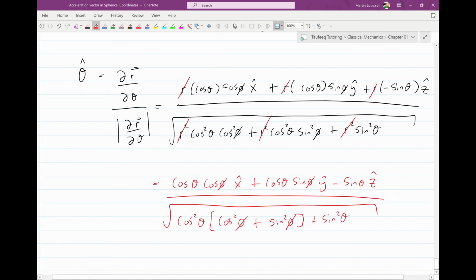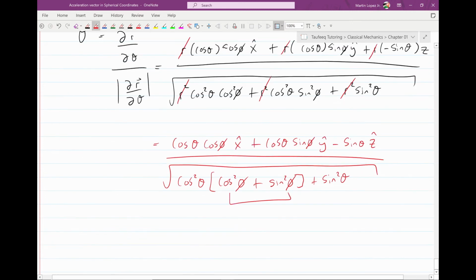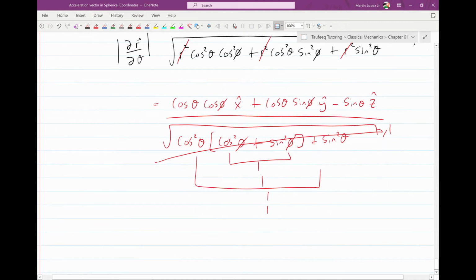So I factored out the cosine squared theta, and I am left with 1 here, and again 1 here, and again 1 in the denominator.